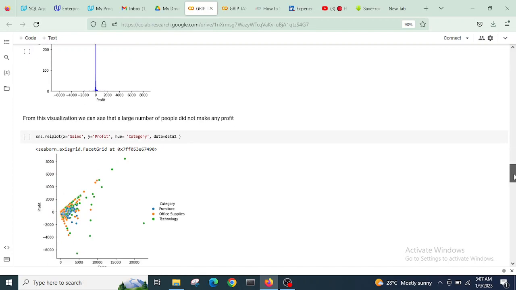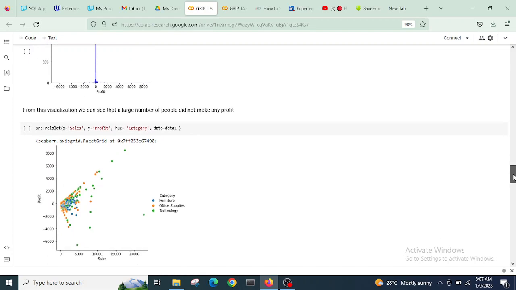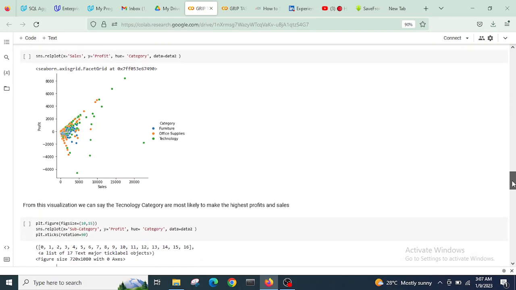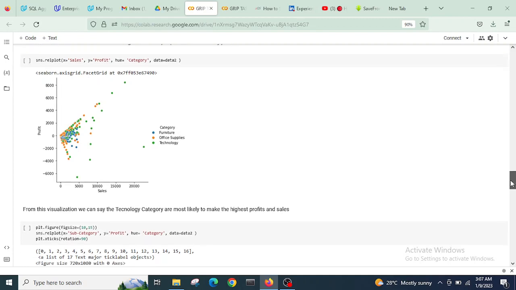So we go further to see what the relationship between sales and profit is, and whether the category plays any role in this. From this visualization, we can see that there is a correlation between sales and profits. As sales increase, in most instances the profit is also increasing.